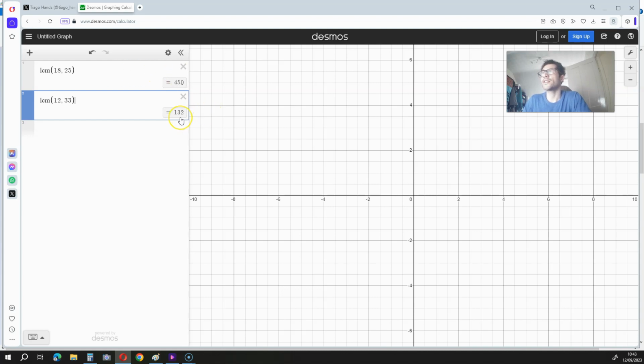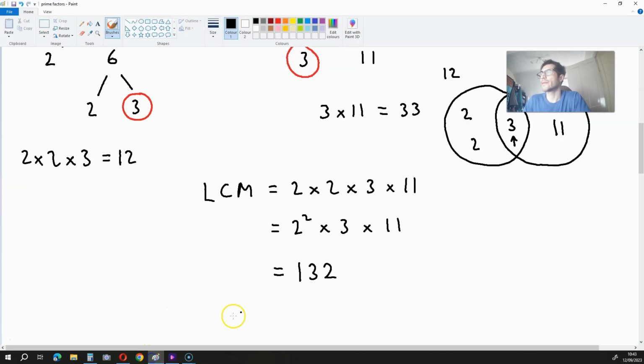Okay, we get 132. So it's likely we've got the right result. If you're going to be getting questions like this in your exams, then you want to practice this technique as much as possible so that you consistently get the right result.